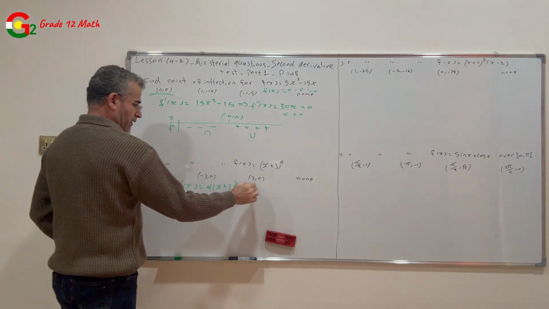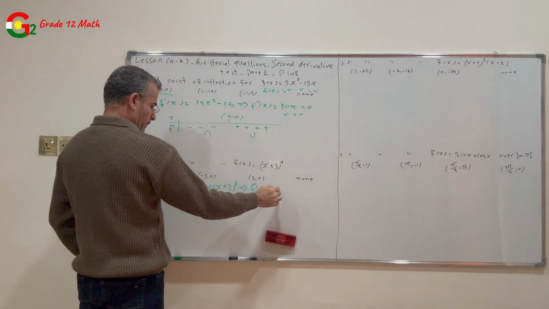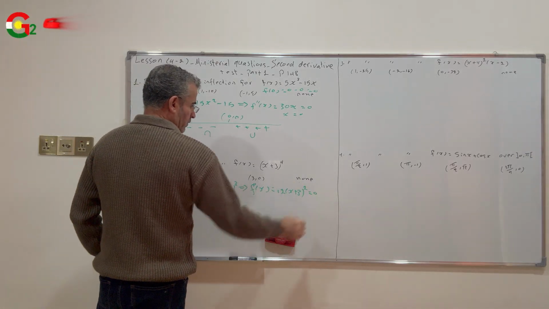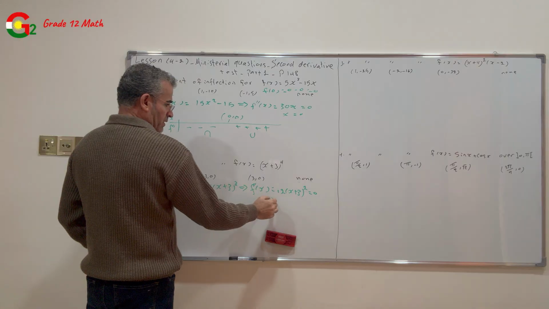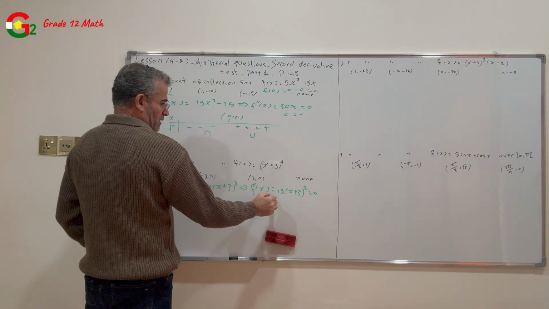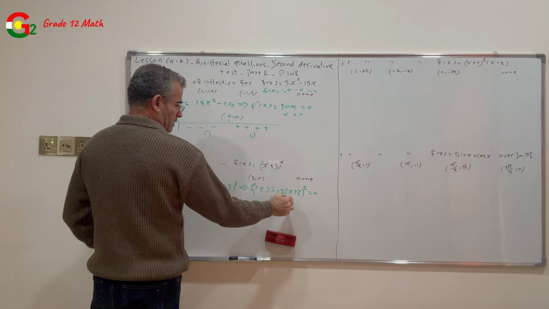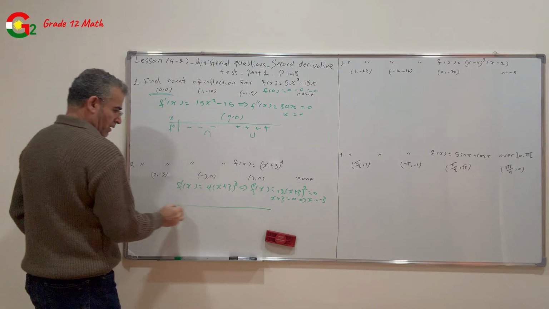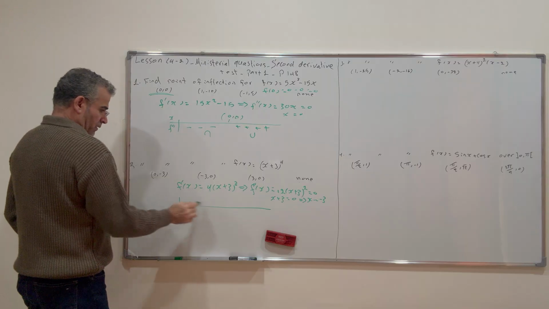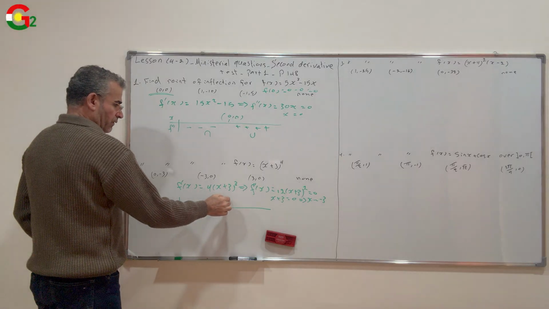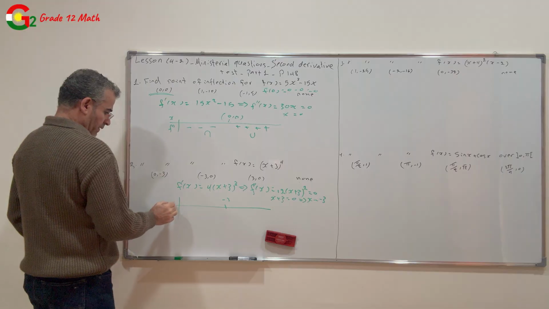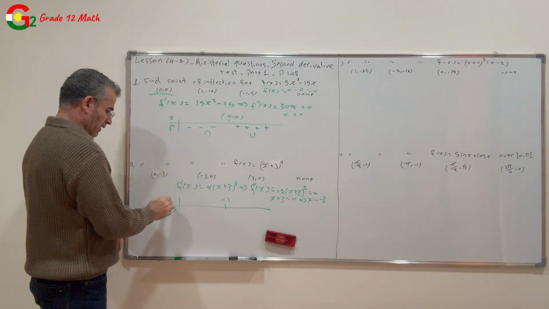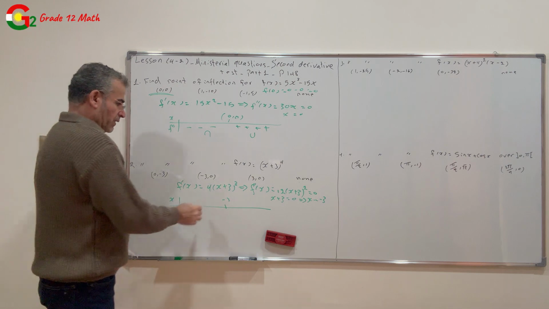Then the second derivative, f double prime of x, will be 12 times (x plus 3) to the power 2. Set it equal 0. Divide both sides by 12 and take the square root of both sides. Then x plus 3 equals 0, then x equals negative 3. Find the sign of the second derivative before and after negative 3.